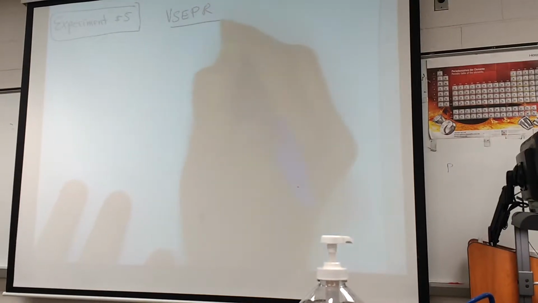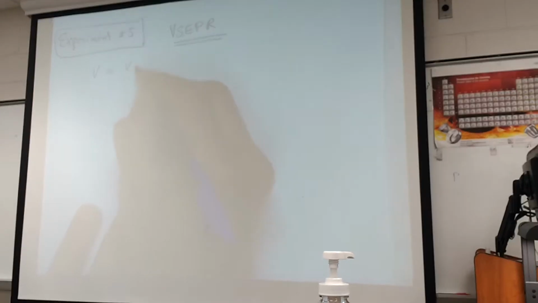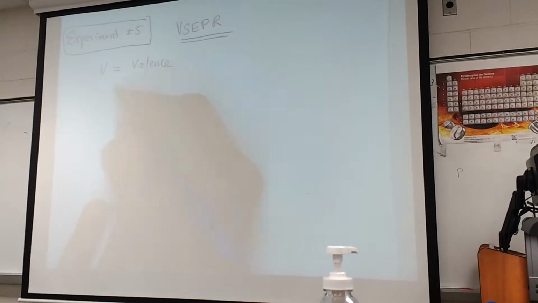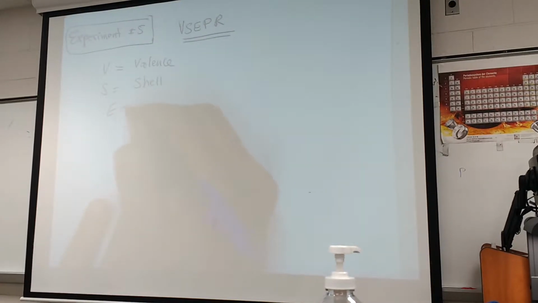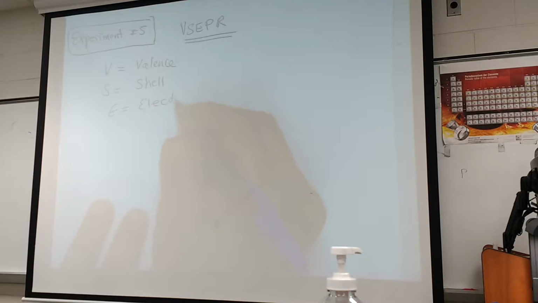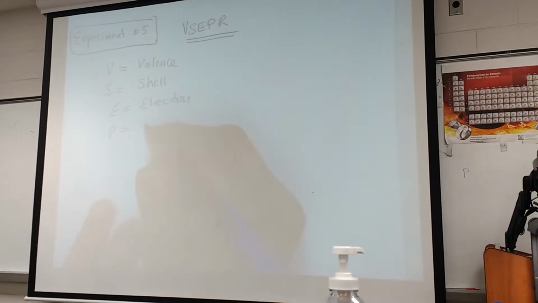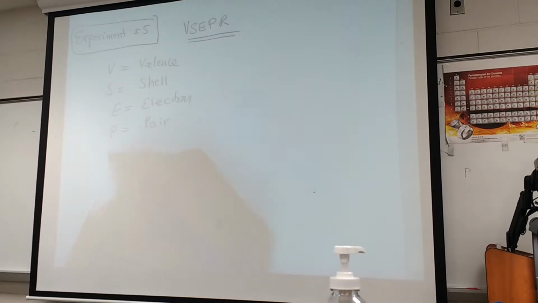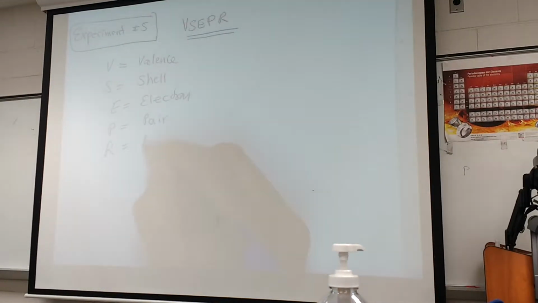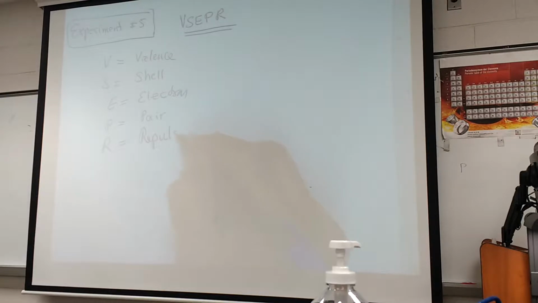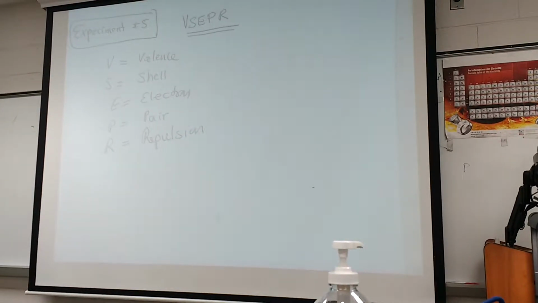Let's put what each letter stands for. V is valence, S is shell, E is electron, P is pair, and R is repulsion, correct? Those are the abbreviations.